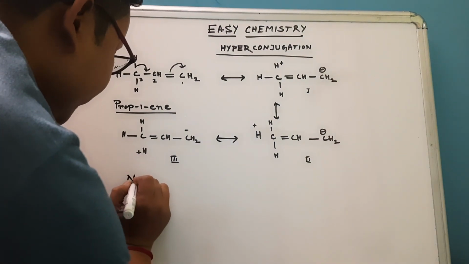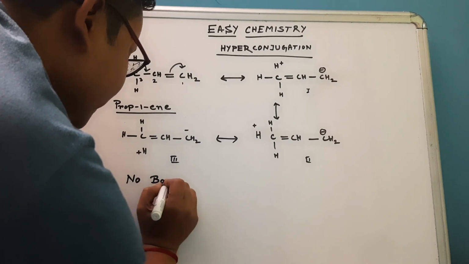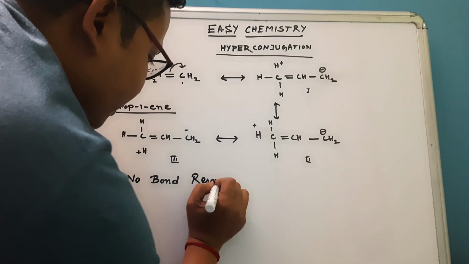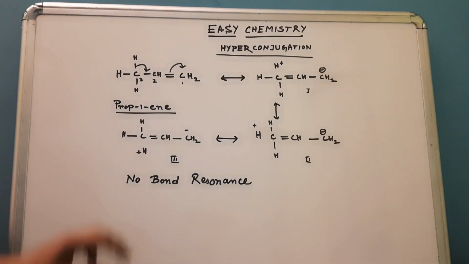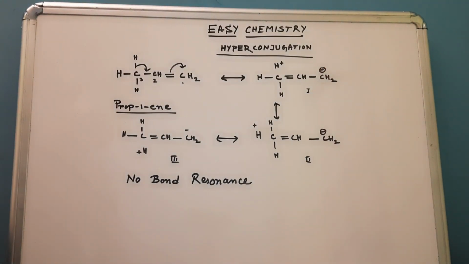Hyperconjugation has an alternative name: no bond resonance. Why is it called no bond resonance? Because the bond between the carbon and hydrogen atoms is broken.